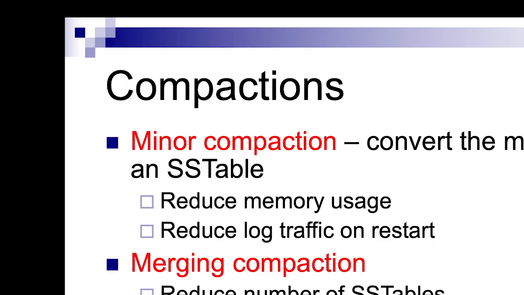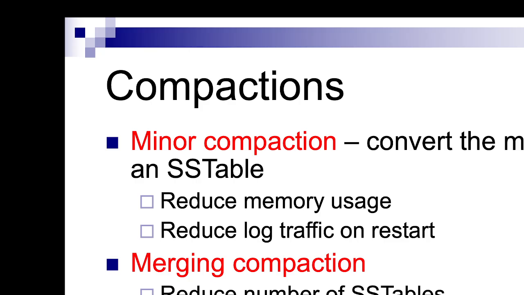Okay, compactions. Minor compactions convert the memtable into an SSTable. We need to reduce memory usage, and we need to reduce the log traffic after a restart. Merging compaction reduces the number of SSTables and is a good place to apply policy. Keep only n versions.